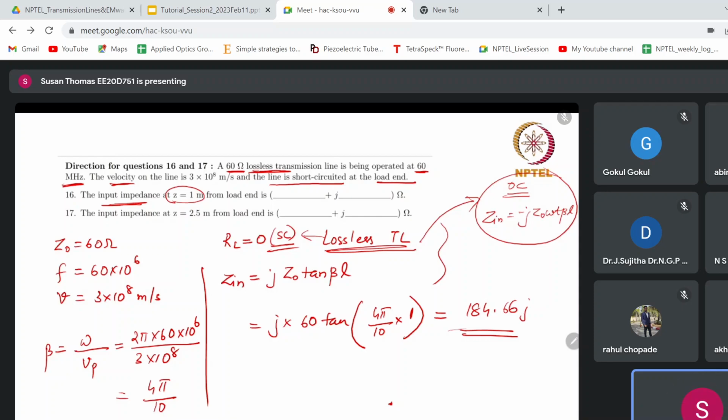184.66j. Okay, fine. Now how about at z equal to 2.5 meters? So nothing, just substitute this with 2.5. What is Zin?